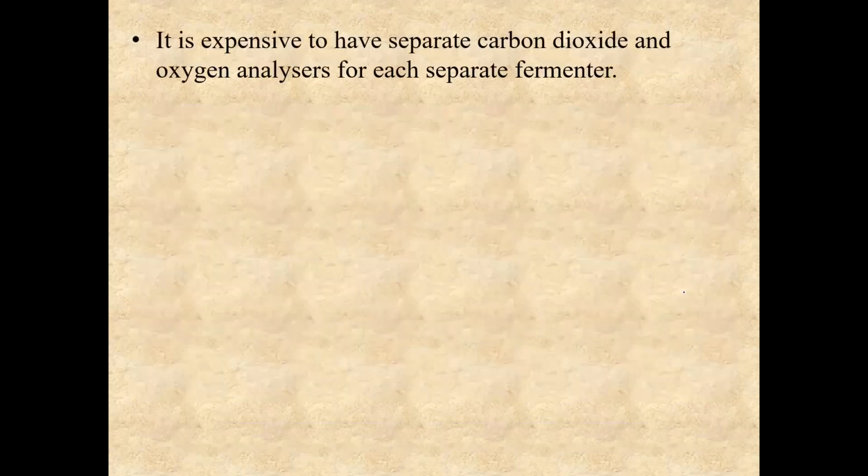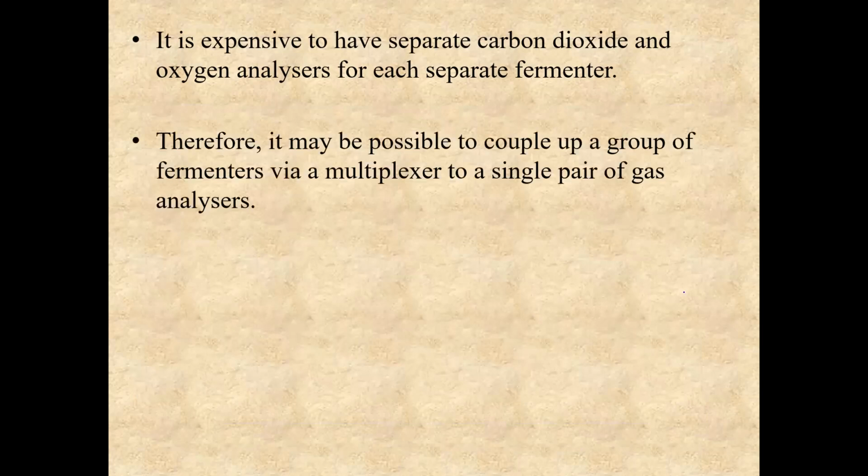It is expensive to have a separate carbon dioxide and oxygen analyzer for each separate fermenter. Let's say in an industry there are 5 fermenters; to keep a deflection or thermal type paramagnetic gas analyzer and an infrared analyzer for each fermenter would be very expensive.